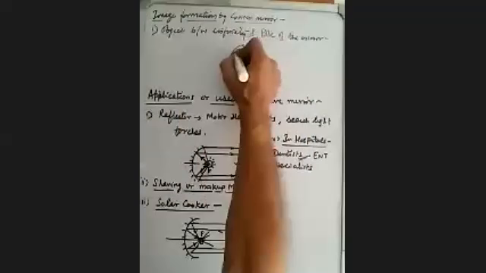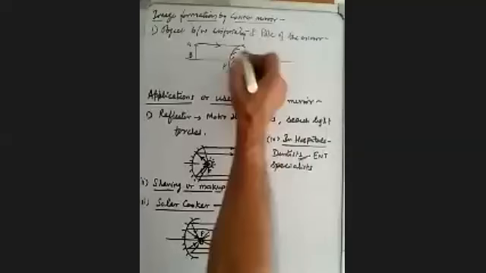Infinity is very far away from the reflecting surface of the mirror. Let us say the object is placed at this position. AB is the object, and now let us consider a ray which is parallel to the principal axis. Here it is, and this is the center of curvature, and this is the focus.